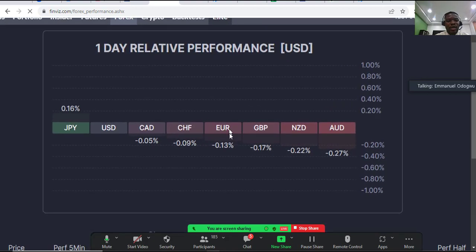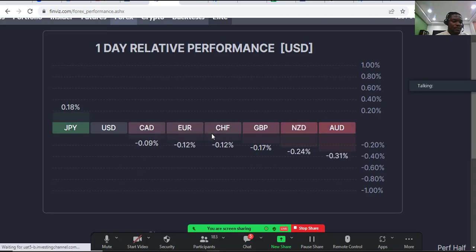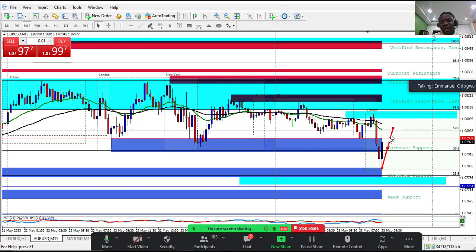The euro is still weak, so we are still going to be selling the euro. Our analysis stands. It's still in order. We are just looking for a good retracement so that we can jump in with the sell.